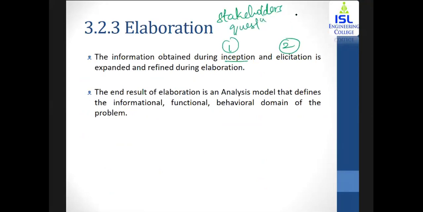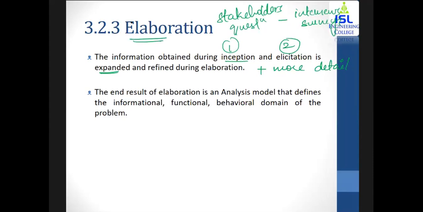Within the second phase, elicitation, you have conducted interviews, surveys, questionnaires. You're going to take all this information collected from the first and second steps and expand it. That is, you're going to add more detail to it: how you're going to accomplish a particular functionality, how you're going to accomplish a specific feature. That is called elaboration.